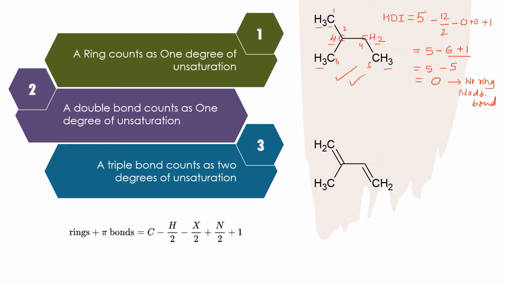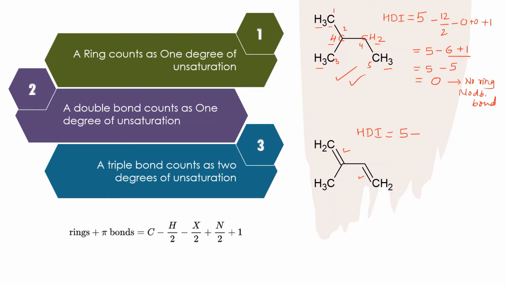Now in the same structure, if I replace one hydrogen with a double bond, a pi bond, and here also I am removing one hydrogen and I have put the pi bond over here, so two double bonds are there. Now let us see how HDI differs because of this change. The number of carbons is the same, 5.